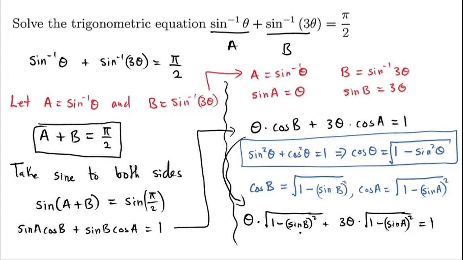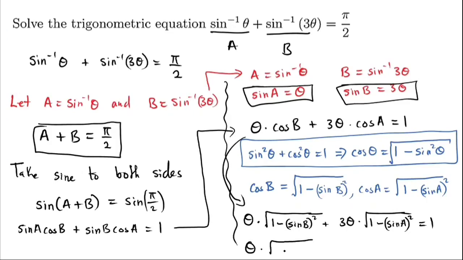Now, we know what sine b and sine a are. Sine a is theta. Sine b is 3 theta. So theta times the square root of 1 minus sine b, which is 3 theta, squared, plus 3 theta times the square root of 1 minus sine a, which is theta, so that's theta squared.